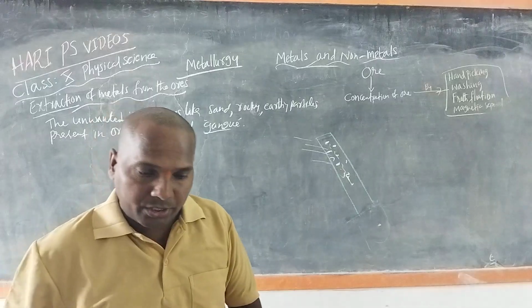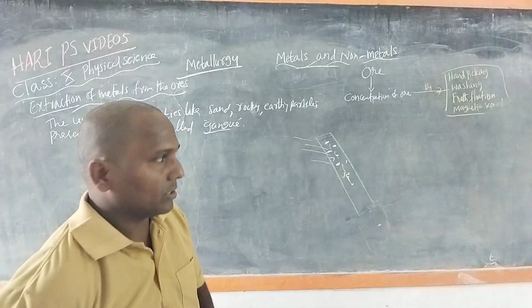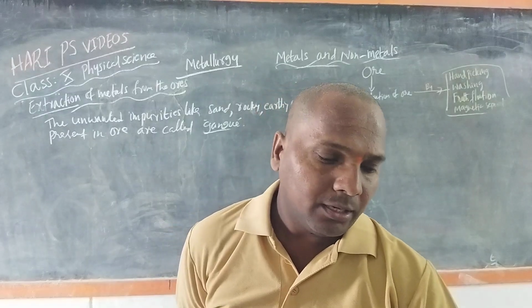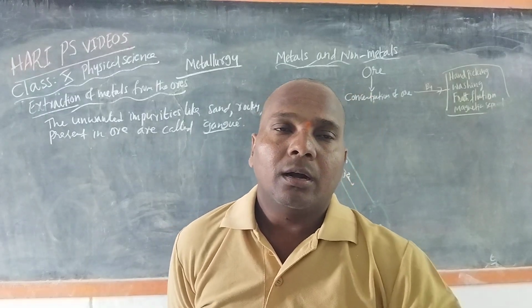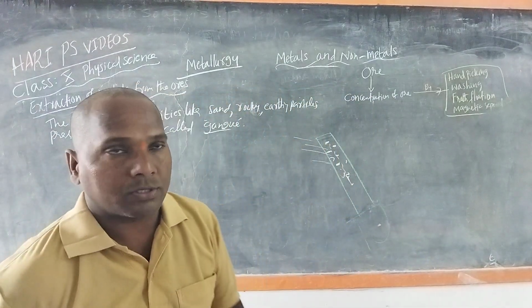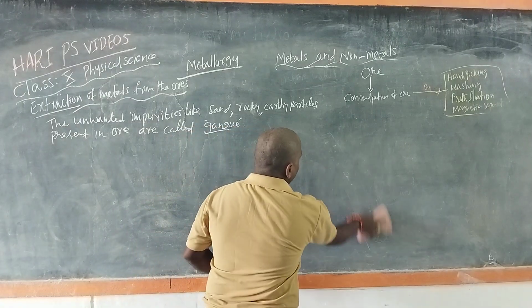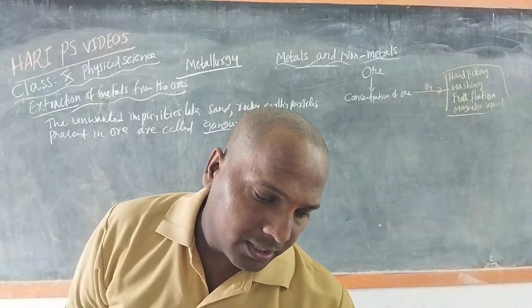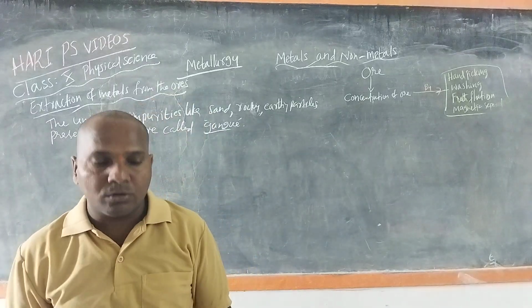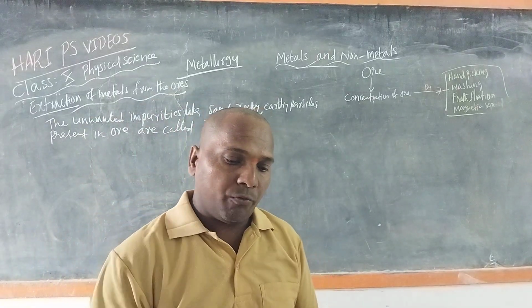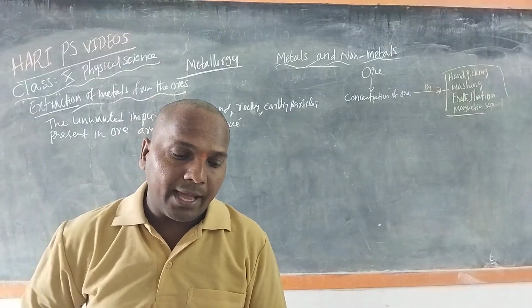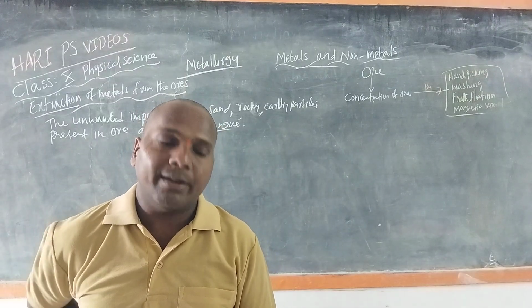Then froth flotation. This froth flotation is a method used to separate sulfide ores. This method is mainly used for sulfide ores, which have no wetting property, whereas the impurities get wet.